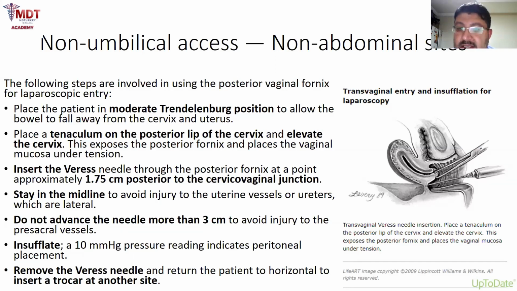You have to stay in the midline always, and do not advance the needle more than 3 centimeters. You begin insufflation, and intra-abdominal pressure less than 10 millimeters of mercury indicates peritoneal placement. Then we remove the Veress needle and insert the trocar at the other side.